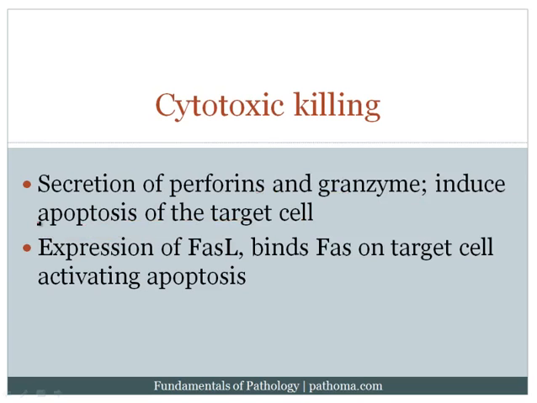Another way by which the CD8 positive T cells kill is that they actually express something called Fas ligand. Now, Fas ligand has the ability to bind Fas on the target cell, and Fas is an activator of apoptosis. And if you recall, again, let's do a little circular review. Remember that there are three ways by which we activate the caspases. You remember those?